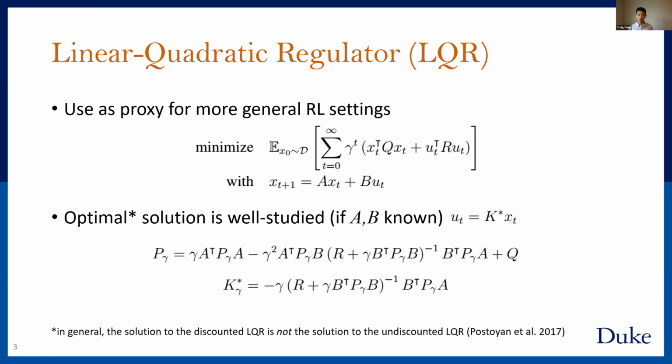The two equations here show that we can also solve for the optimal policy without using any learning techniques. You can solve for P_gamma using a dynamic programming approach. It's nonlinear in P, but there's a bunch of literature showing that you can do this. Sometimes it might be a little slow or unstable, but it still is doable. That's the caveat: it works if you know the matrices A and B, which govern the system.